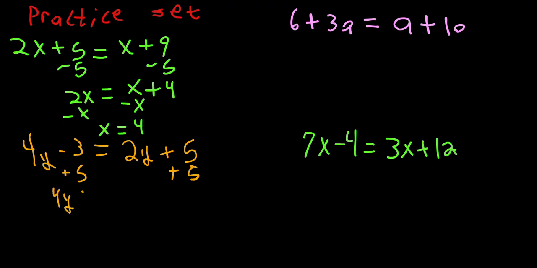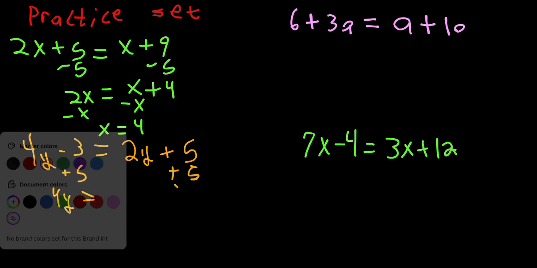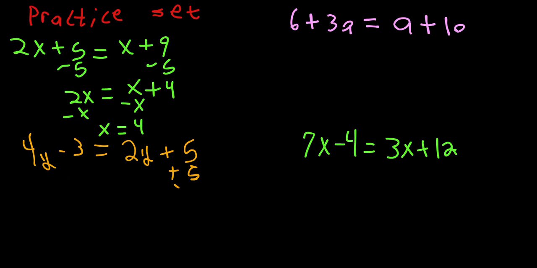I'll make sure I use my space adequately and also back up. Thinking about space, not math. So we're going to add 3 to both sides. 2y plus 5, is that right? 2y plus 5, yeah. So we're going to add 3 to both sides.